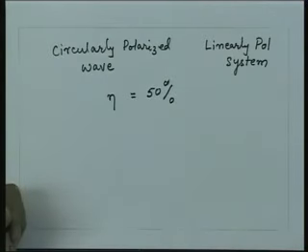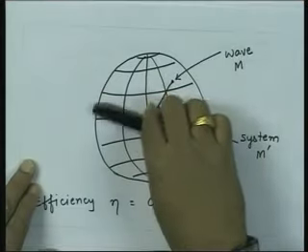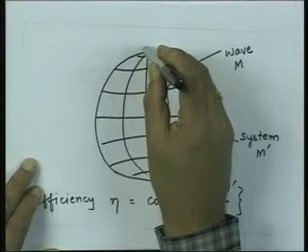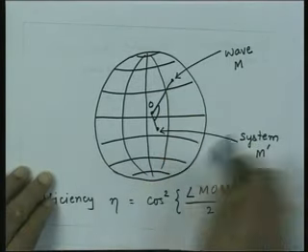Even if the orientation of this line changes, that means the state of the linear polarization changes, as long as this wave is circularly polarized and this is linearly polarized, need not be horizontal or vertical, the efficiency will always remain 50%.